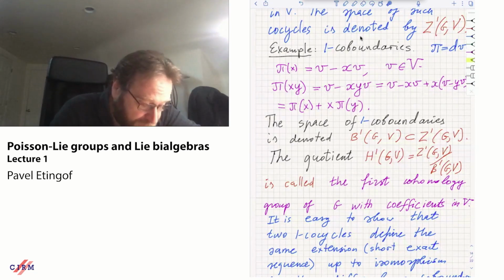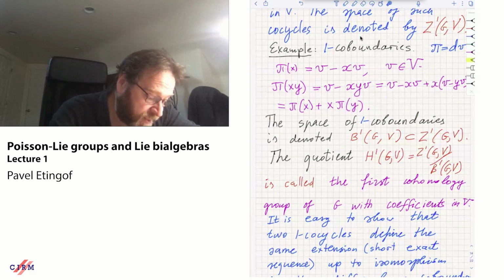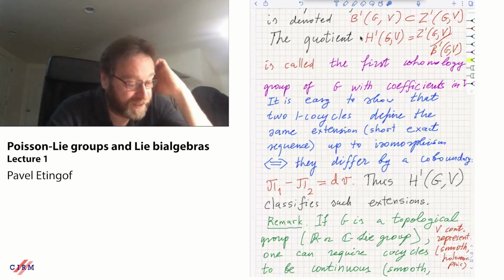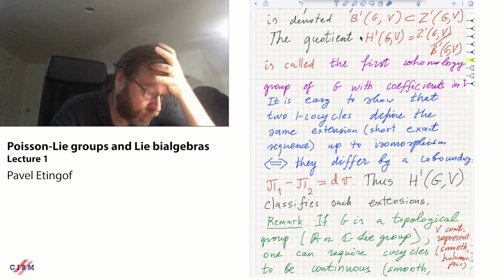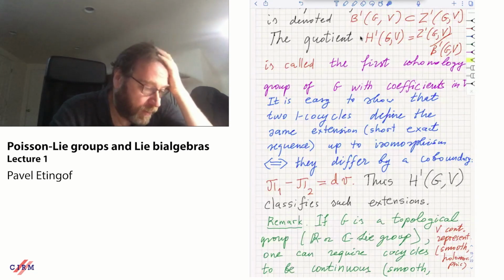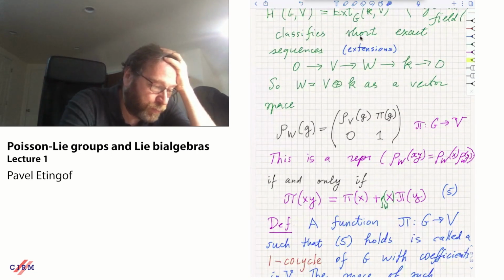So the reason for this definition is that two one cocycles define the same extension, or short exact sequence, up to isomorphism, where we consider isomorphism of short exact sequences, which is a more rigid notion than isomorphism of representations W. So we not only want isomorphism of representations W, but we also want it to preserve this structure.